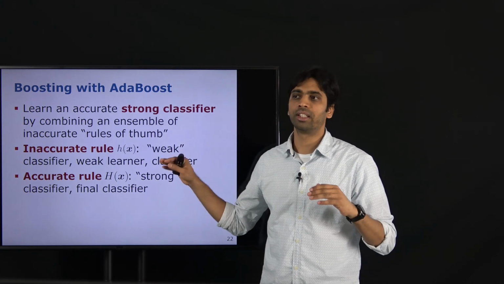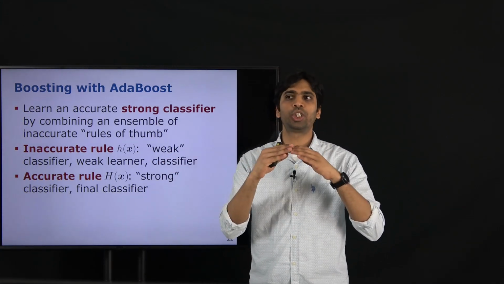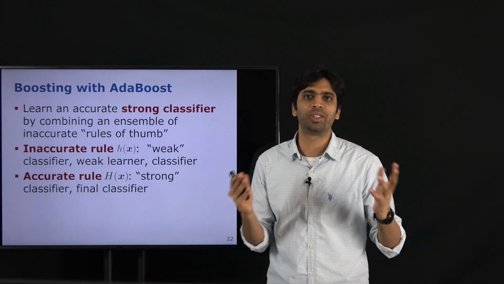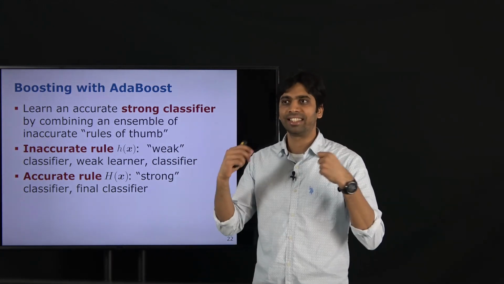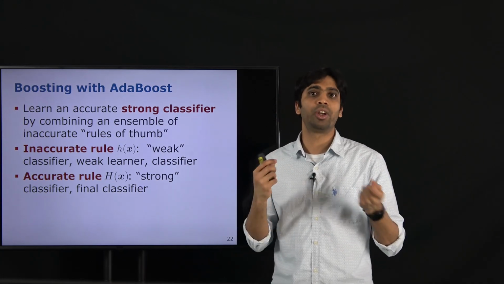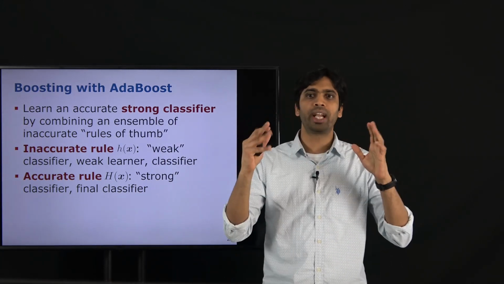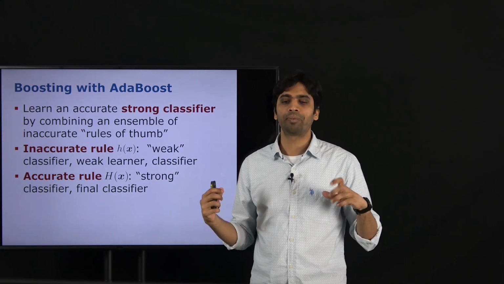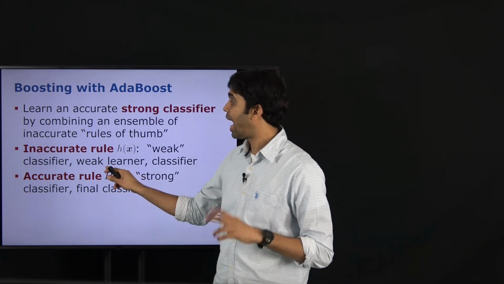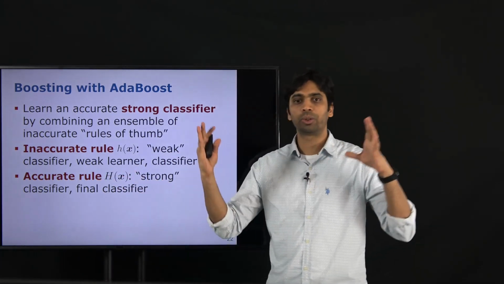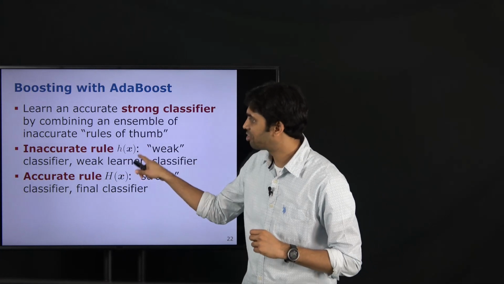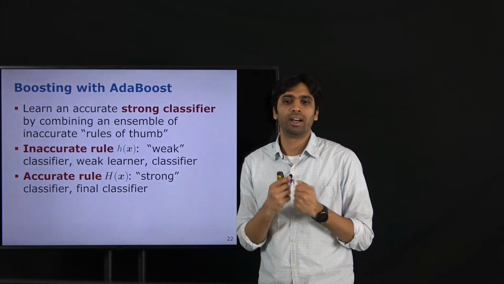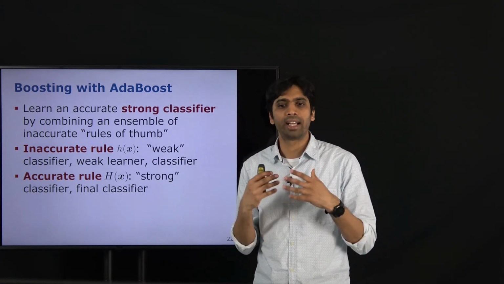Of course, what okay means here is that it should be better than 0.5, because if you have 0.5, it means you're guessing randomly. So it should be at least 0.6, 0.7, something like this. You're looking for classifiers which are not super great, but good enough to be better than random guesses. And we want to come out with an accurate rule, capital H of X, which would combine these smaller h of x's to bring together their individual gains, so to say, and combine them in a proper manner.